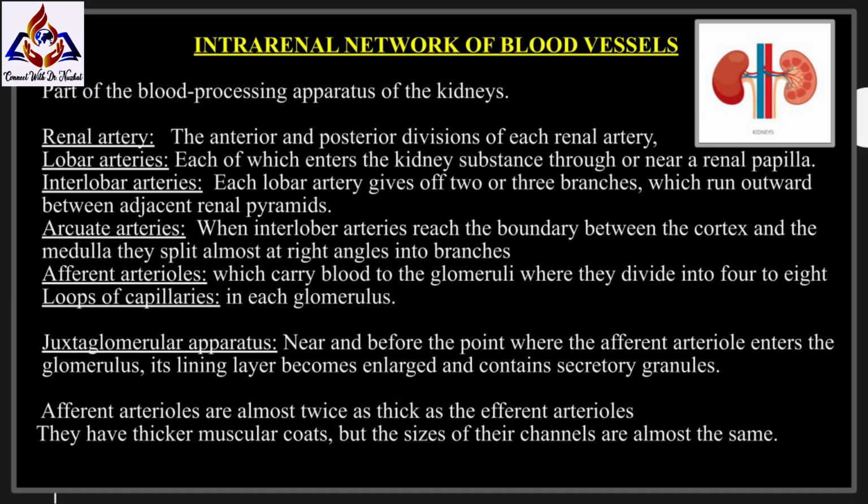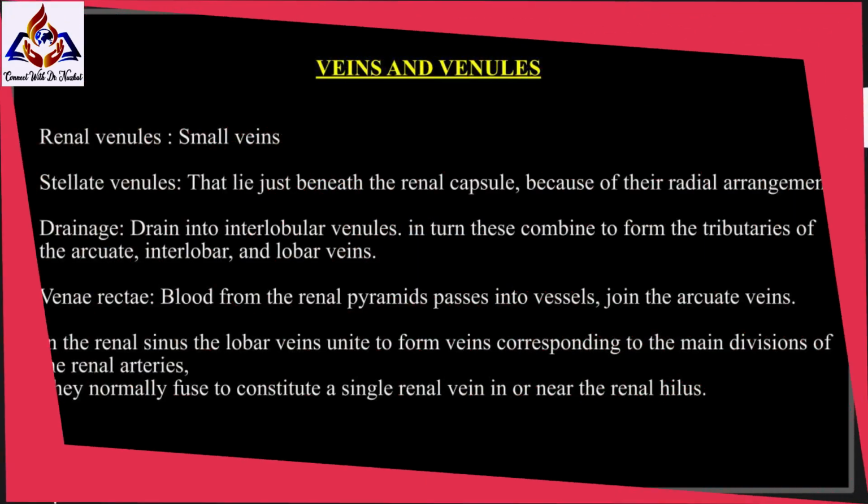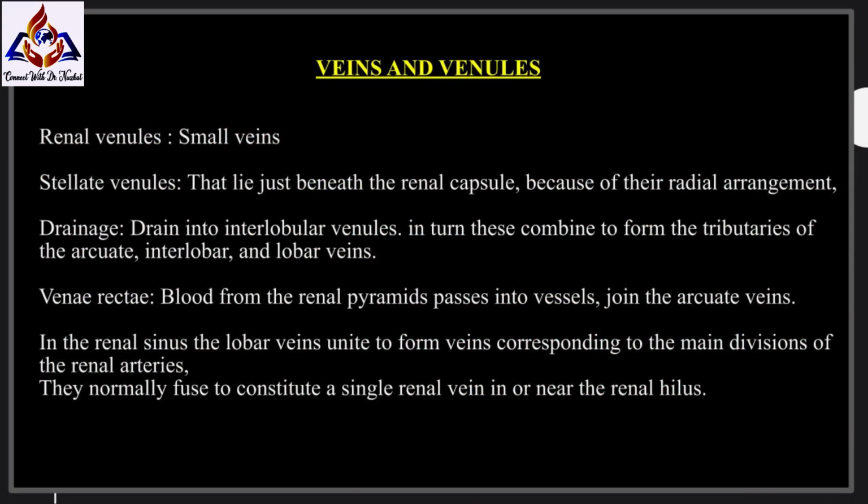Because the cortical glomeruli and tubules are deprived of blood, the flow of urine is diminished and in extreme cases may cease. Now the veins and venules.